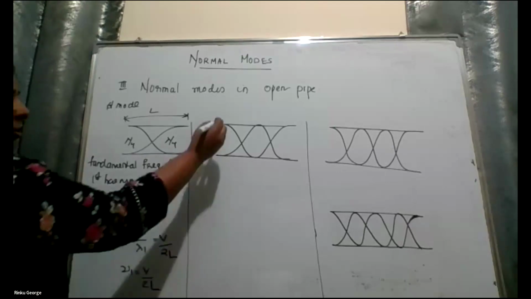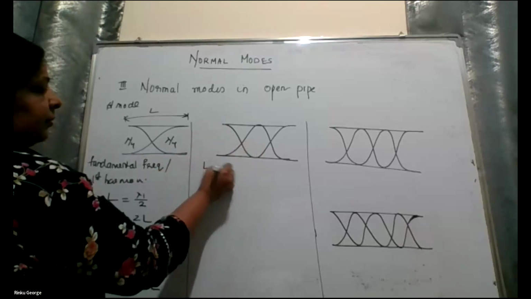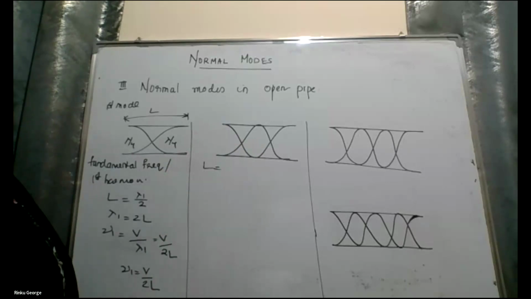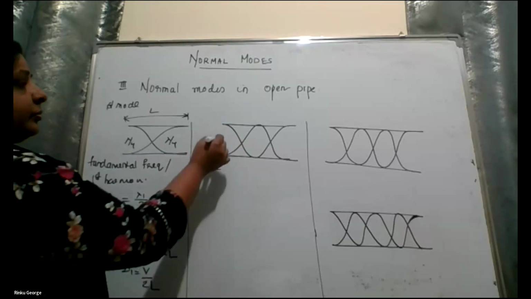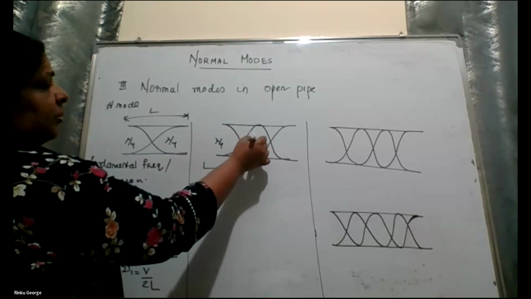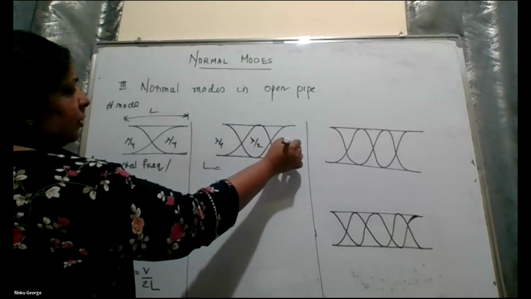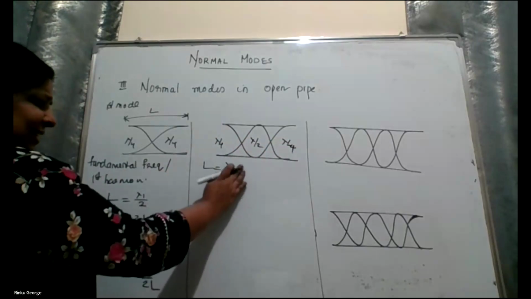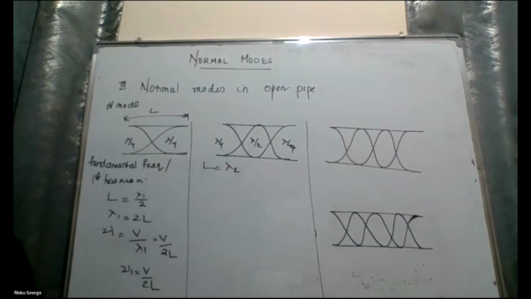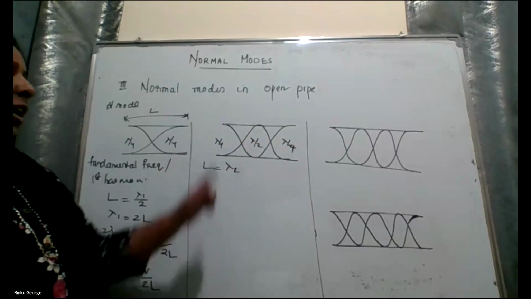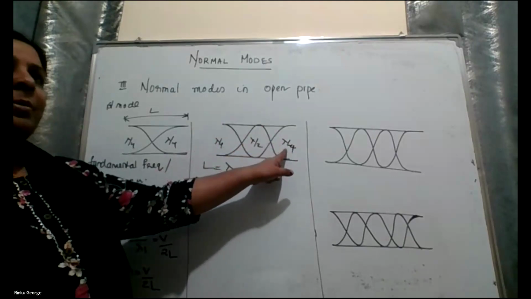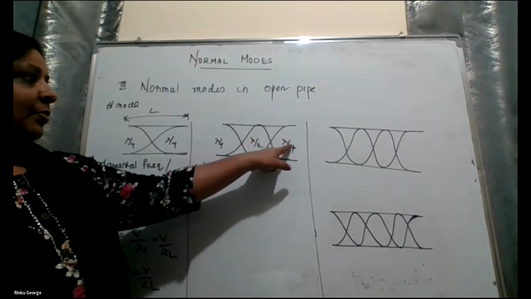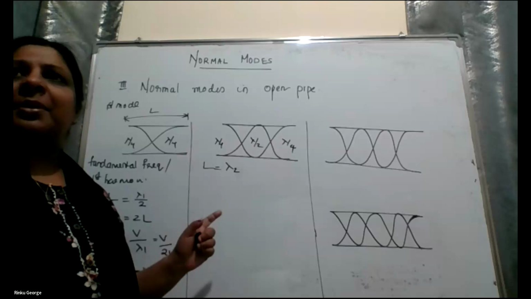So here, what is L? Lambda by 4, lambda by 2, lambda by 4. Lambda by 4 plus lambda by 4 is lambda by 2, and this plus lambda by 2 is lambda.